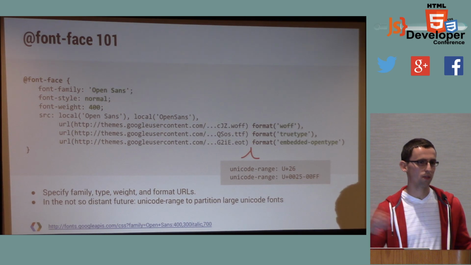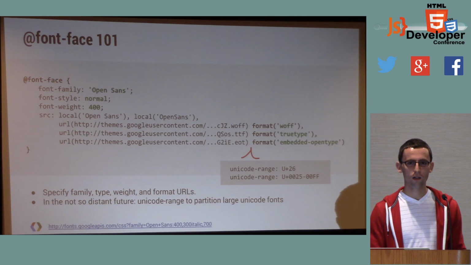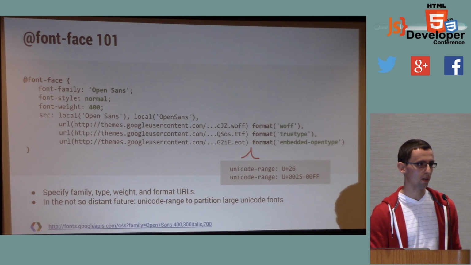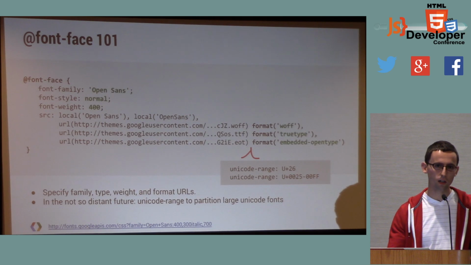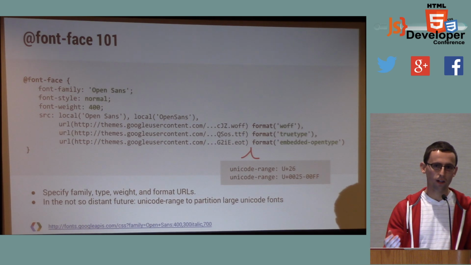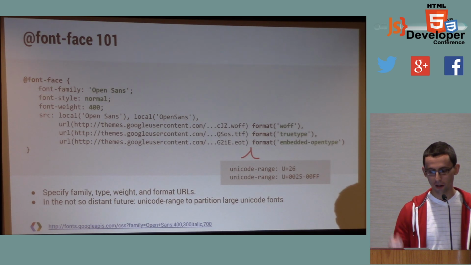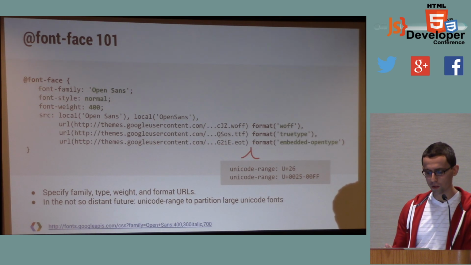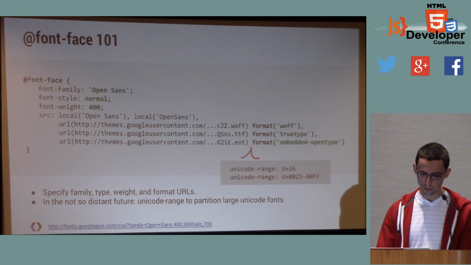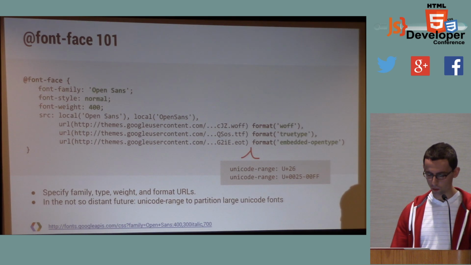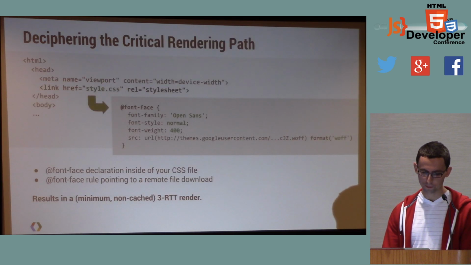Instead of downloading a 10 meg file, you could say, here's the base character set, here's the offset, and all the rest. You can use this to serve a specific character or some range, right? None of the browsers support this today, but this is coming. I'm hoping that we'll get this into Chrome this year, and other browsers are looking at it as well. This is particularly useful, once again, for large Unicode fonts.